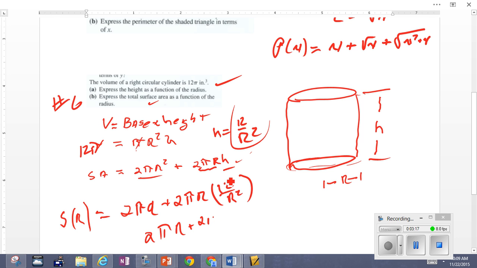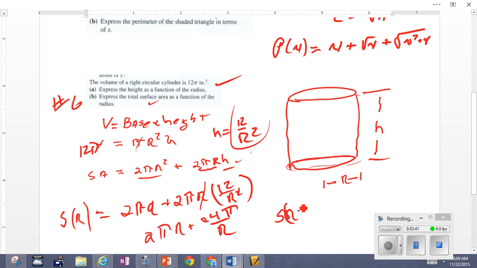Well, I guess what we can do here is we can cancel this r with this r and multiply the 12 and the 2, so it looks like we'll have 24 pi over r. So we've got the surface area now.